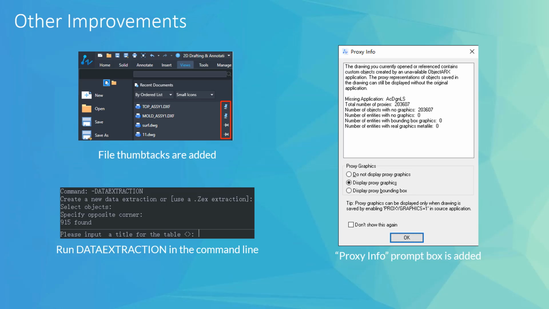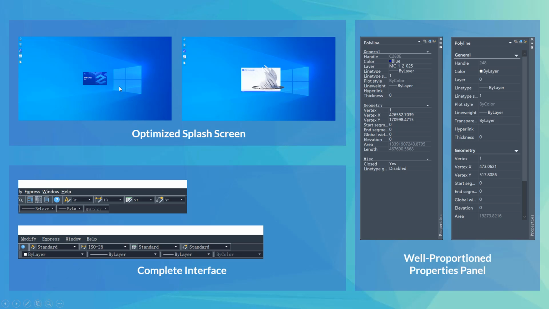Like here, as you can see, the splash screen has been optimized according to the 4K screen, and also like here you can see the complete toolbar, right, compared with the previous version, and also the property panels, there's no truncated display effect.